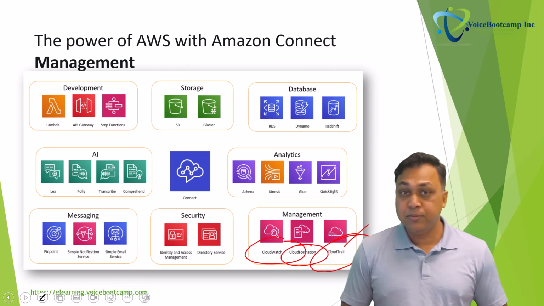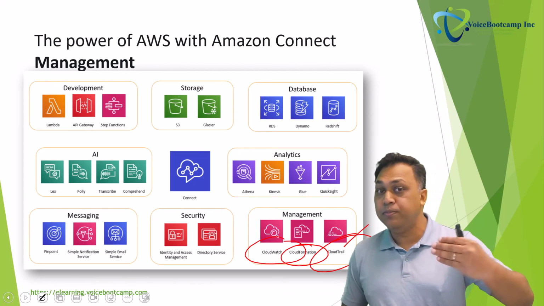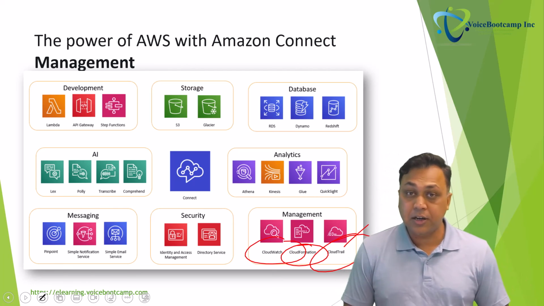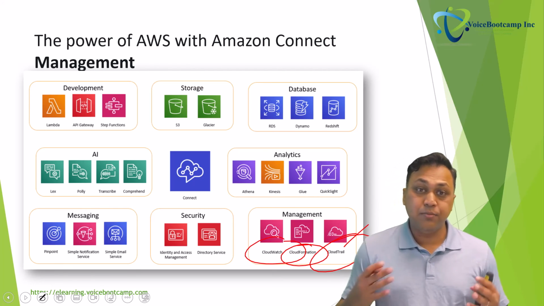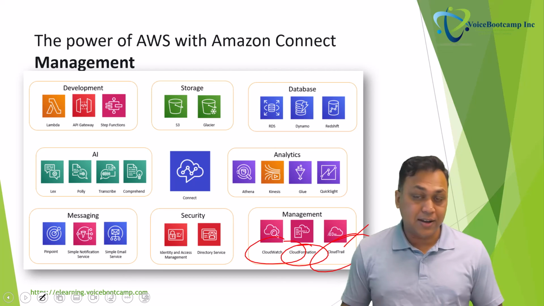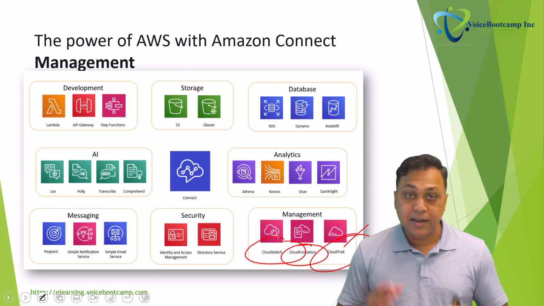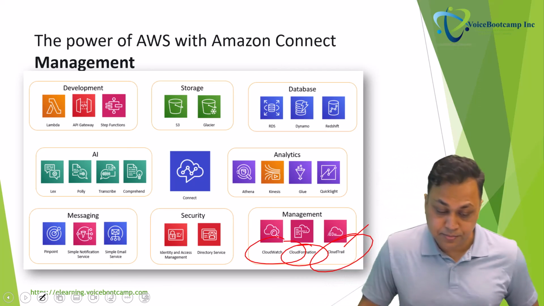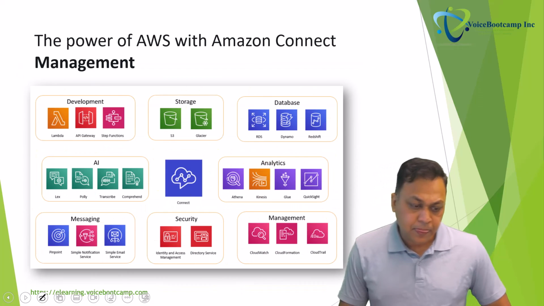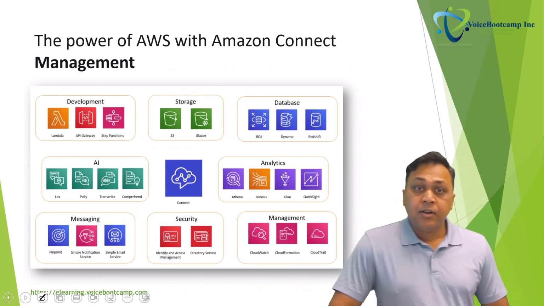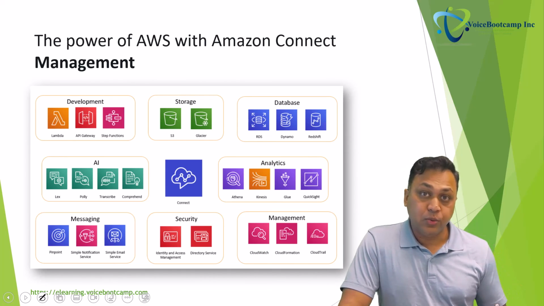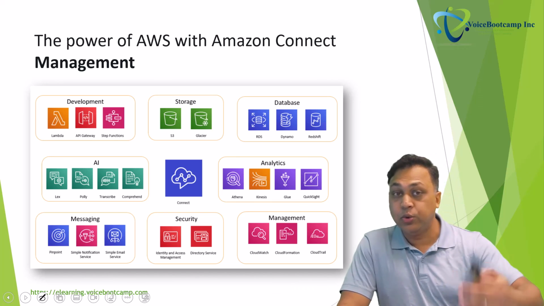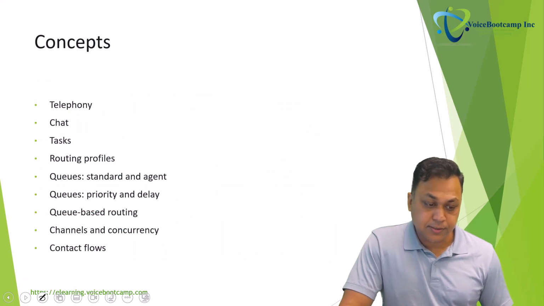You want to be able to do that so that you know who made what changes, at what time and for what duration. CloudTrail is basically monitoring all the other admins who have access to Amazon Connect and keeping track of the changes made to the system. So these are some of the things that you can do with Amazon Connect integrating with various other AWS services.